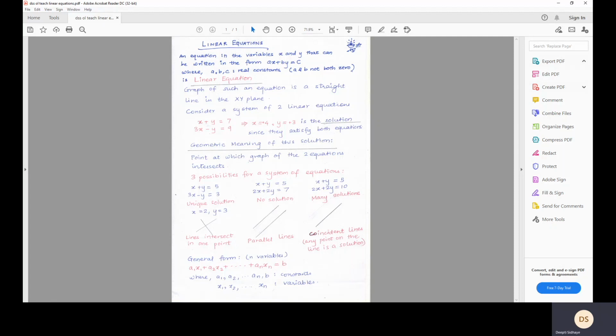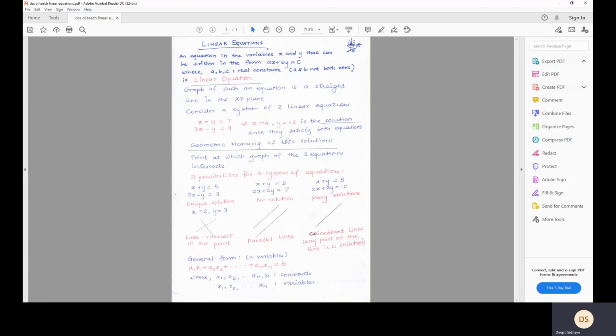And all the xi's, that is x1, x2, xn, etc. are variables. So when you consider this specific case of two variables, this reduces to a1x1 plus a2x2 is equal to b. Similar to what we saw here. The only difference is instead of writing the variables as x1 and x2, we have called them x and y. But otherwise, the meaning is not different.